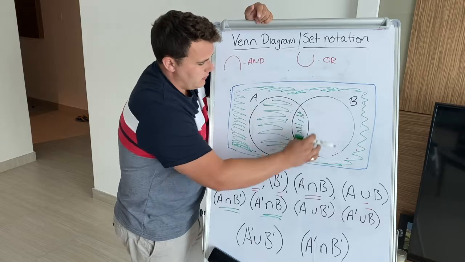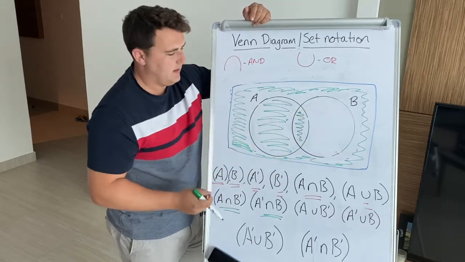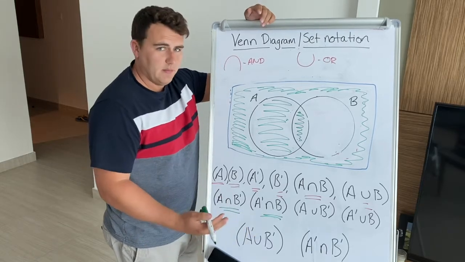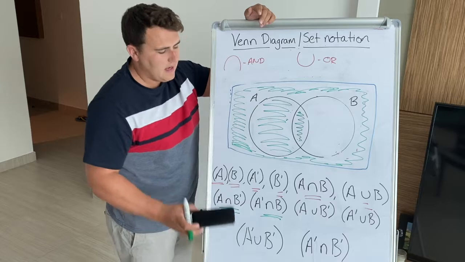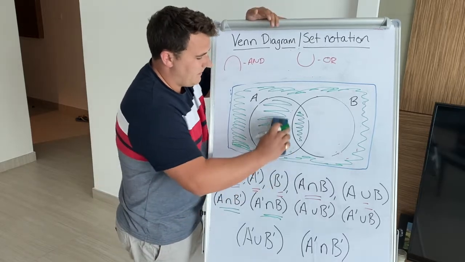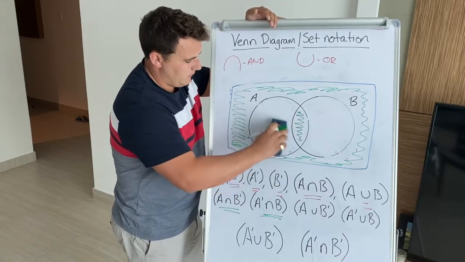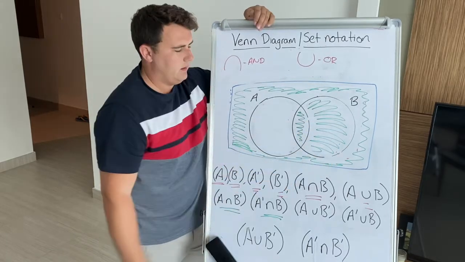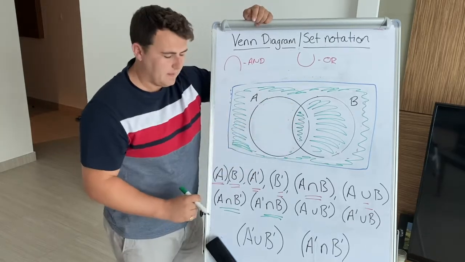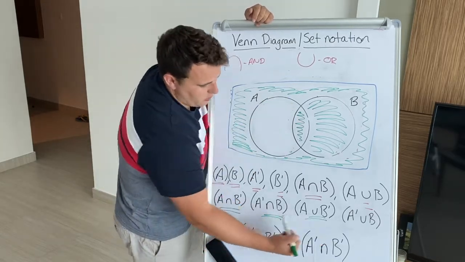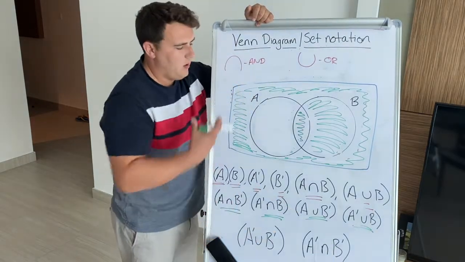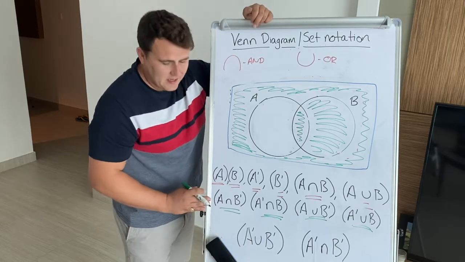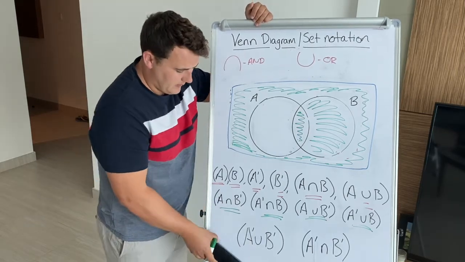The only bit we don't include is when it's just B. So it has to be one of the two criteria: in A or not in B. And then not A or B would be everything on the outside again, everything in the middle, and everything in B, just not just A. So A or not B, and not A or B would look like this. Obviously this bit would be over there for the first one. So here they get a little bit harder and you have to think a bit more.